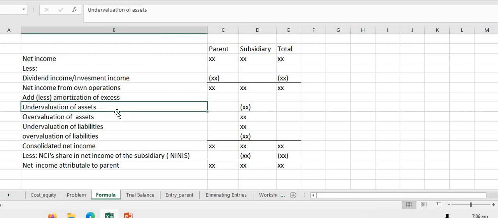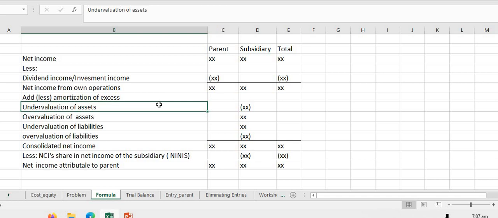We are also to add or deduct any amortization of excess. In the books of the subsidiary, all its assets and liabilities are recorded at book value. However, when we do consolidated financial statements, they should be at fair value.